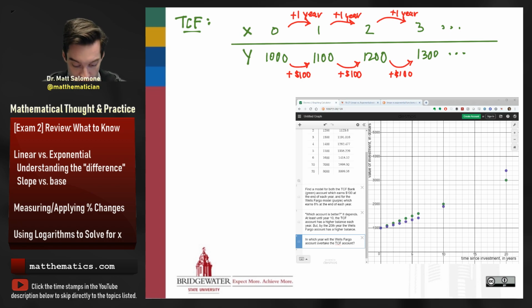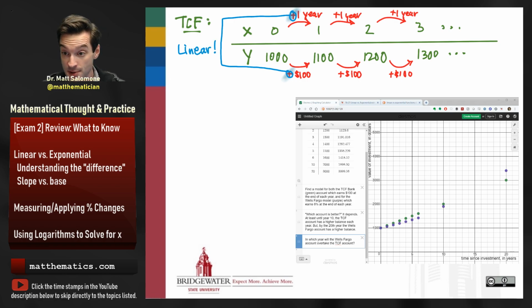Okay, and so again, the most important thing to observe about that is not just the numbers, but the operation that's being used here. It's addition in my x variable, and it's also addition in my y variable. And that combination is what makes this relationship linear. Addition and addition. Linear.